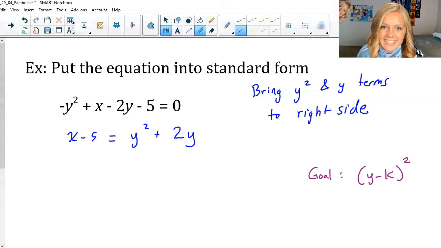I have y squared plus 2y, but I want that quantity y minus k squared. Well, just like we've done every time that we've put into standard form, we need to complete the square. So we'll add b over 2 squared to both sides. So 2 over 2 is 1. 1 squared is 1, so I'll add 1. And I'll do the same thing over here.